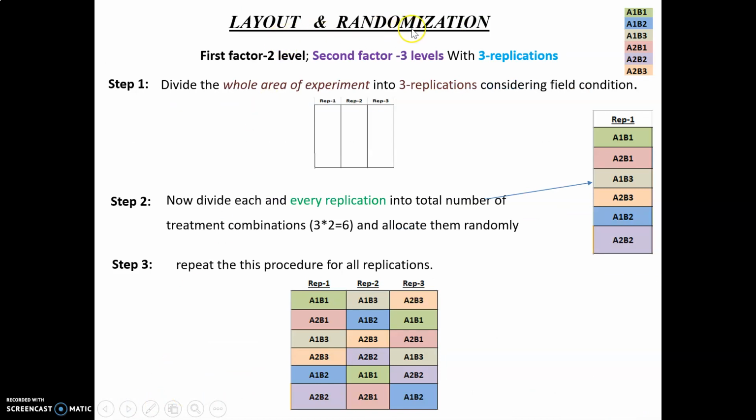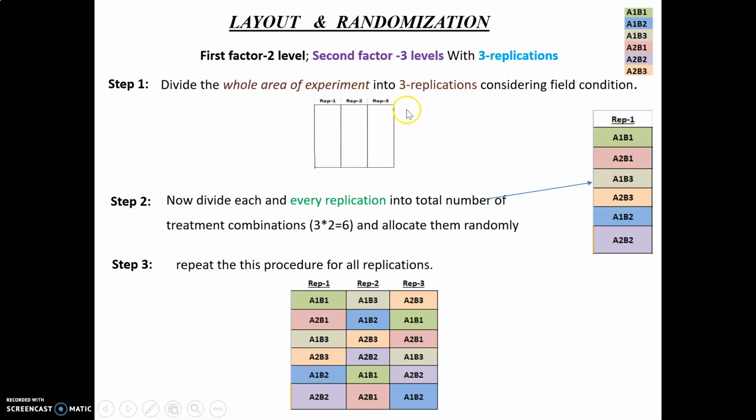Let us know the layout and randomization of a factorial design with 2 levels of the first factor, 3 levels of the second factor, along with 3 replications. Here 2 into 3, that is 6 possible combinations are involved, that is A1 B1 to A2 B3. In the first step of the layout of this experiment, we have to divide the entire experimental units into 3 replications as per our example.